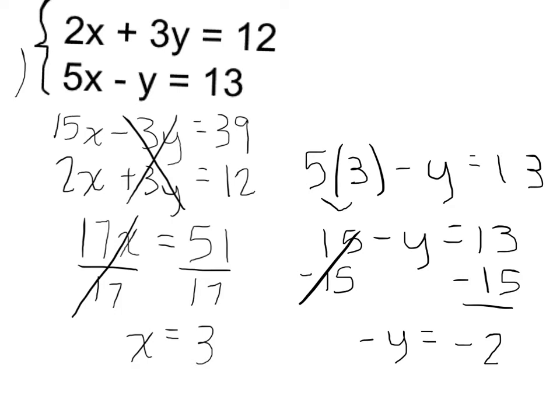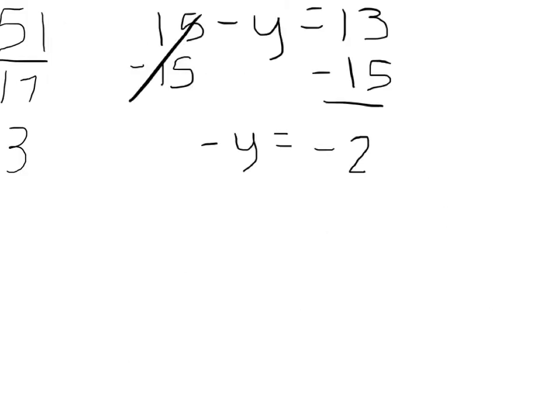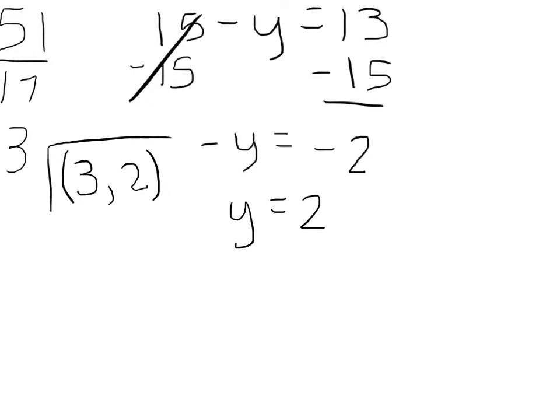Then you could multiply negative y and negative 2 by negative 1 to get y equals 2. Then you have your ordered pair of x equals 3 and y equals 2. So this is the solution to your system of linear equations.